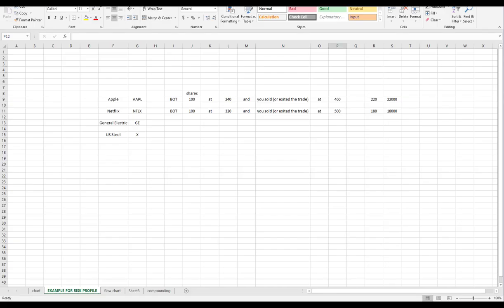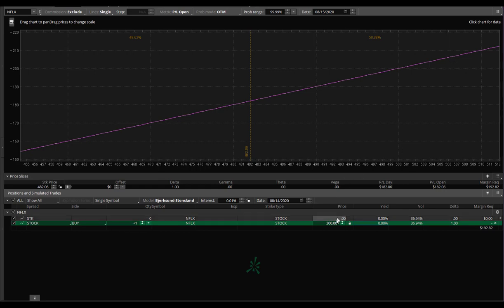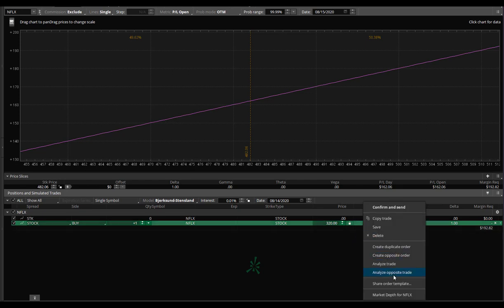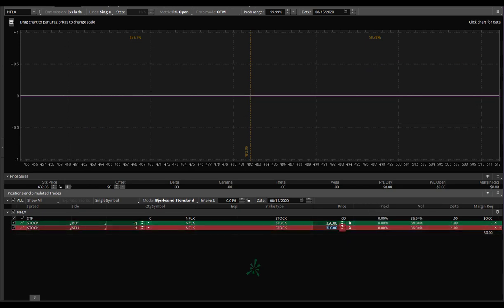I'm so sorry. I said I bought it at 320. I bought it at 320 and I sold it at 500. So I made $180. And the same idea, right? If I did this with 100, it would be 18,000 instead of 180.